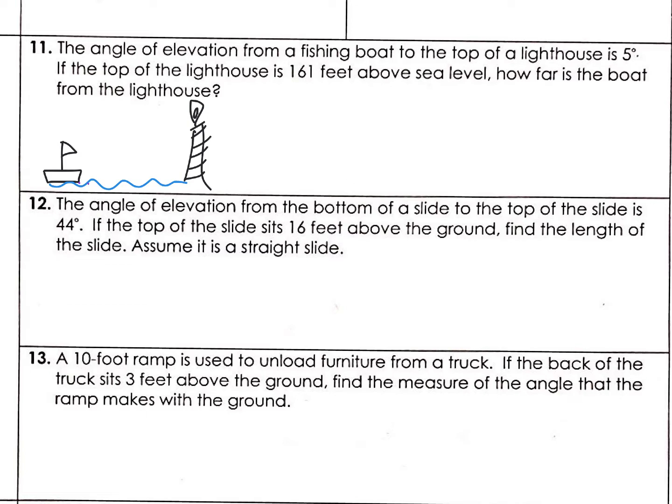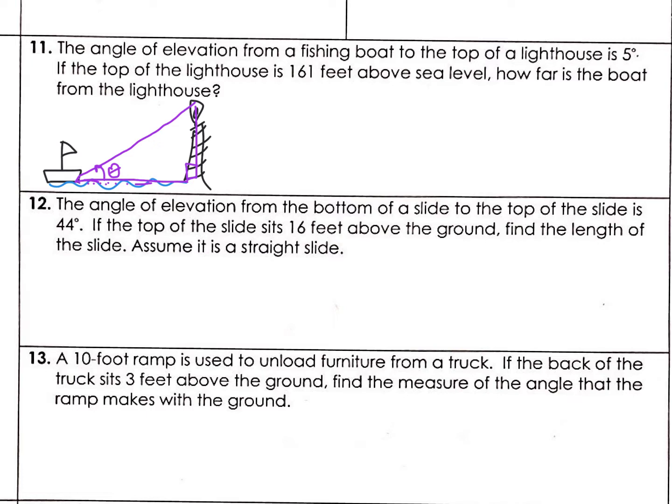So my baseline is going to be right here, and since it's elevation, we're going to look up at the top of that tower, and it creates this right triangle where the right angle is there. So this is going to be my angle of elevation.